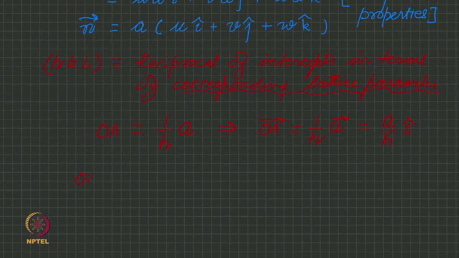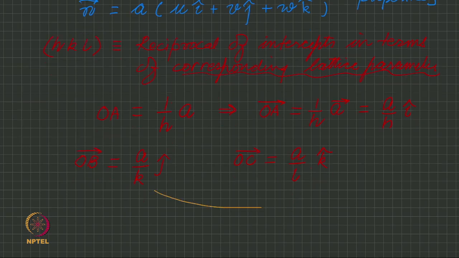By the same arguments, you can now write OB as A by K j and OC as A by L k. They are totally different quantities.